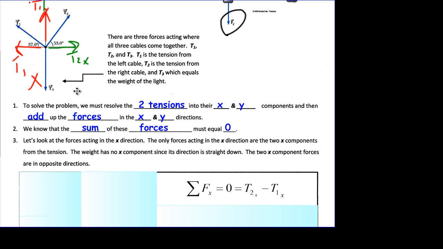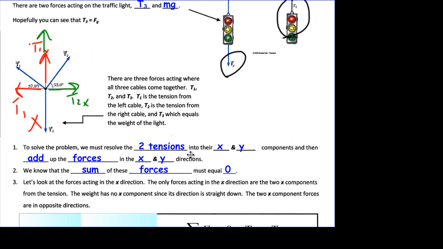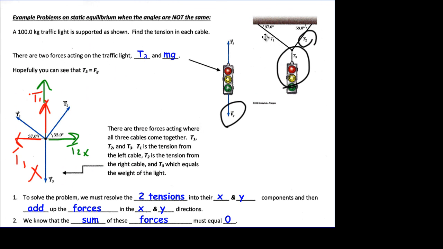Well, that's too many variables. We don't know the x components, we don't know the y components, because we don't know what these tensions are to start with. So we can't find the x and y components, and we're kind of stuck, because the y components are not equal to each other.